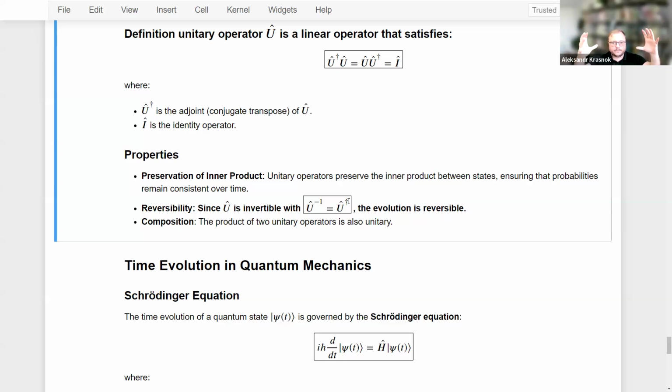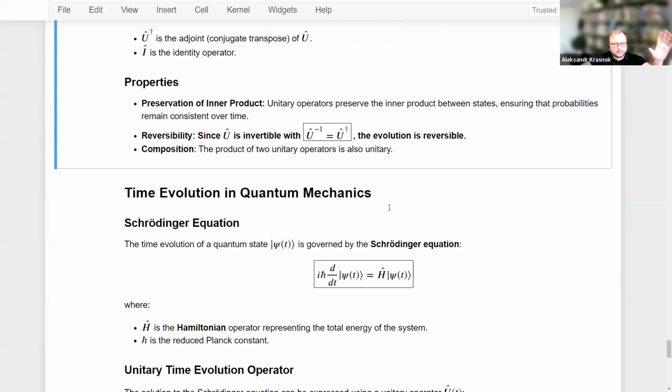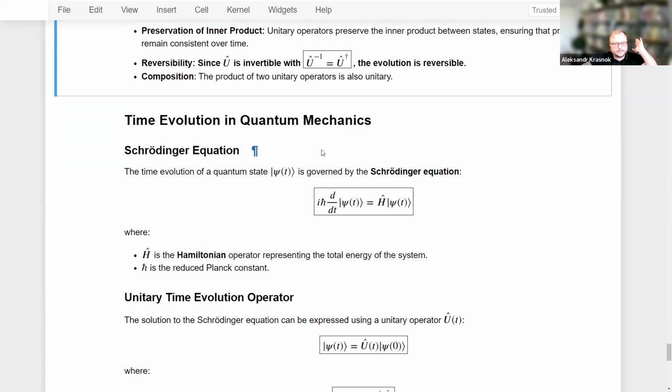The fact that these operations are reversible means that you can run this circuit from left to right and from right to left, and you will restore the original state, the initial state. So this is the importance of unitary operators in general.